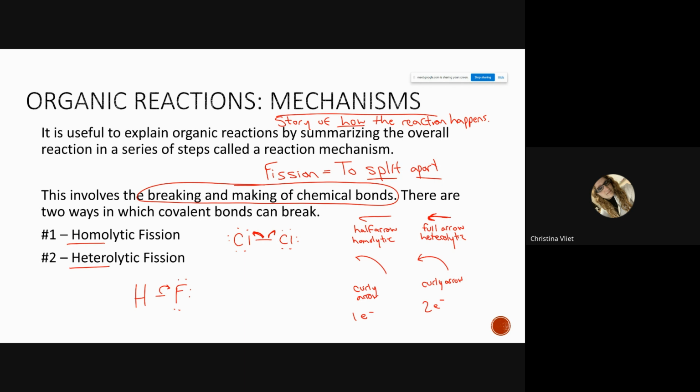So this would end up becoming H with none, and fluorine gets all 8. This would be -1, and this would be +1. Does that make sense? This is what we call heterolytic fission.